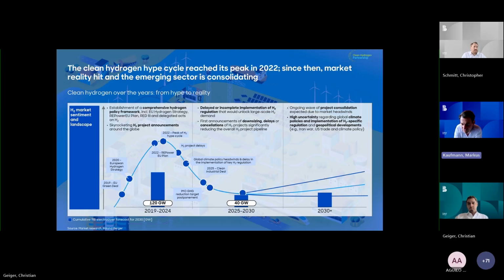But it's of course a bit below the initial expectations, which were even higher. So the real question now is what separates an announcement from a real project, and ultimately, which projects can take FID because they have secured firm offtake and can thus progress and actually be implemented. And that's what we want to look at in the next couple of minutes.